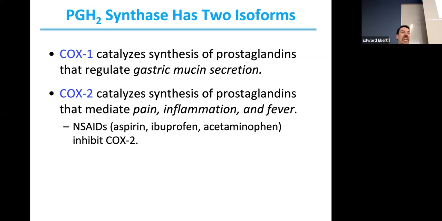So all the slime in your gut and your stomach, the stuff that helps food absorb and protects the villi a little bit. You get lots of turnover in there, so you're not dissolving the proteins that make up the lining of your stomach. This mucin is important in there. So all the lovely slimy stuff in there, COX-1 does that. COX-2 catalyzes the synthesis of prostaglandins that mediate pain, inflammation, and fever, right?